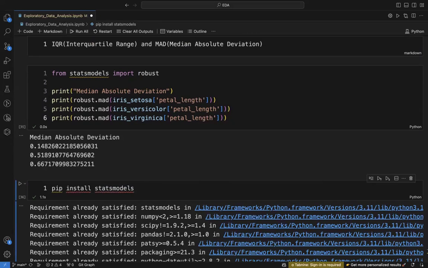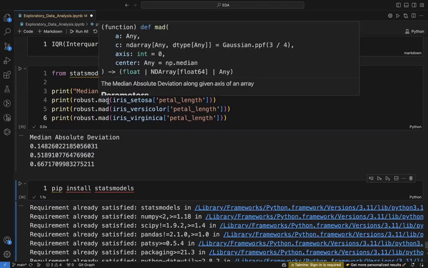Now, to compute the median absolute deviation, since this function is not readily available in NumPy, we are using a toolbox called statsmodels, from which we can import robust. Robust has this function called MAD.